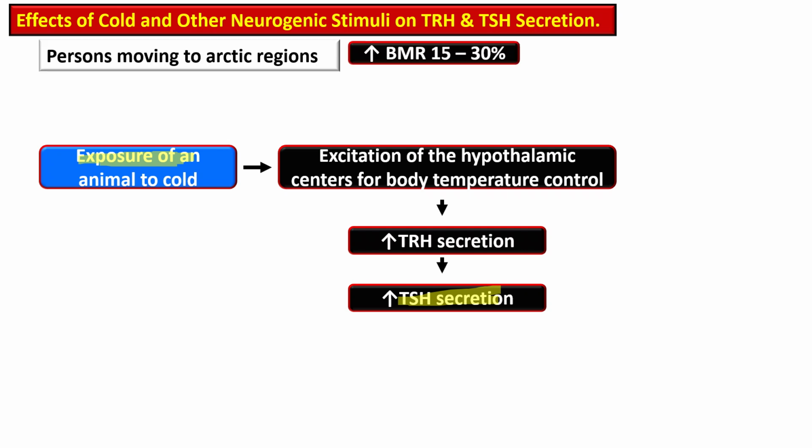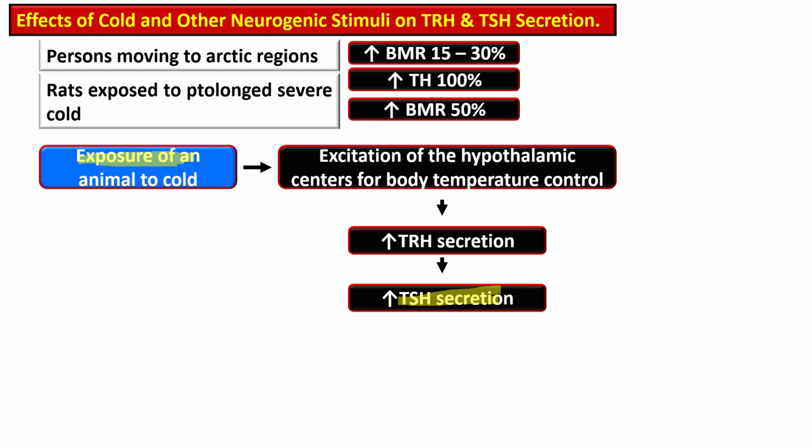The mechanism of this is that the cold stimulates the hypothalamic temperature regulating system, and that increases metabolic rate to generate increased heat. This is the adaptive thermogenesis. Another evidence is that rats, when they are exposed to severe prolonged cold, exhibit up to 50% increase in BMR.